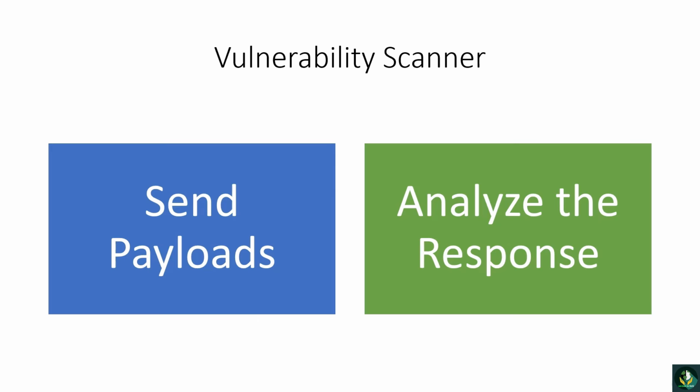First is sending the payload, and second is analyzing the response. As I said, the general steps are always the same regardless of what vulnerability you are trying to discover, and the only thing that changes is the payload that we send and the response that we look for.